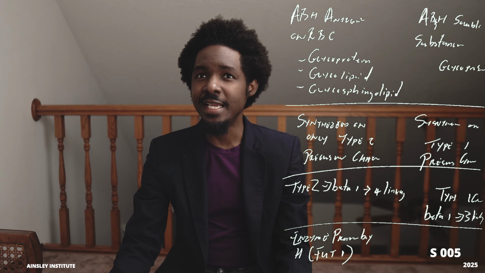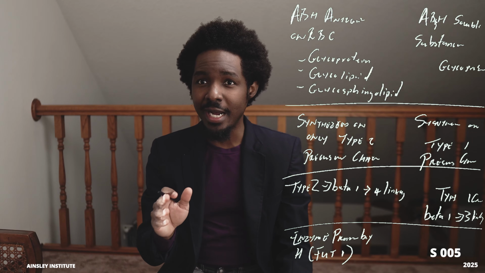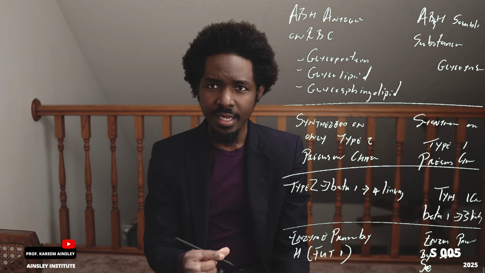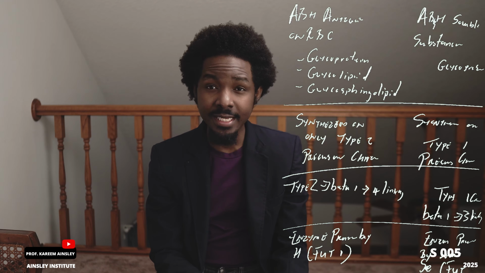And for the A, B, and H soluble substances, the enzyme is produced by the secretors, and the secretors are the SE gene, which is FUT2.